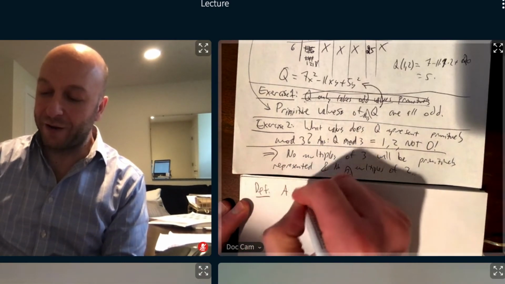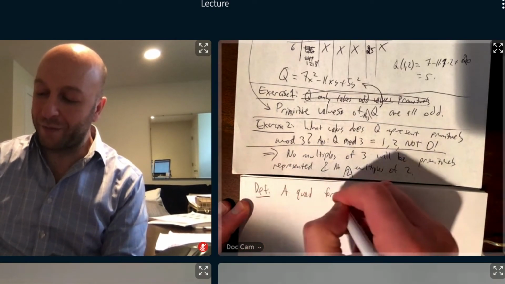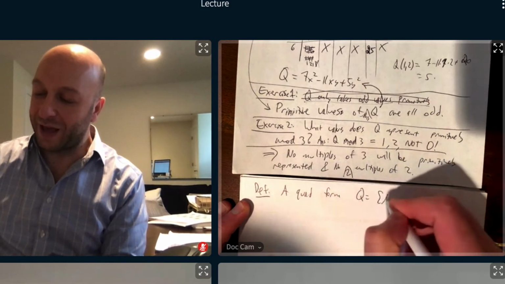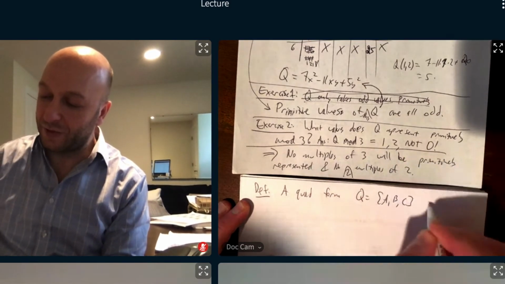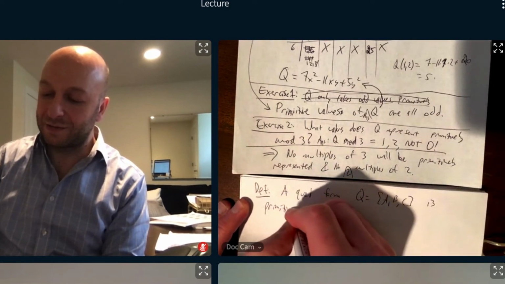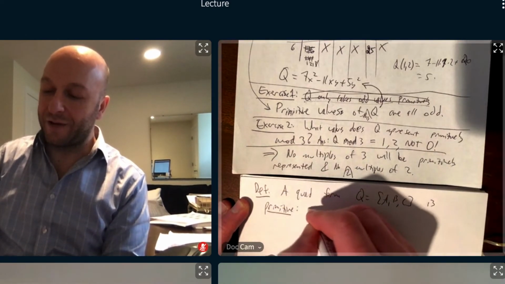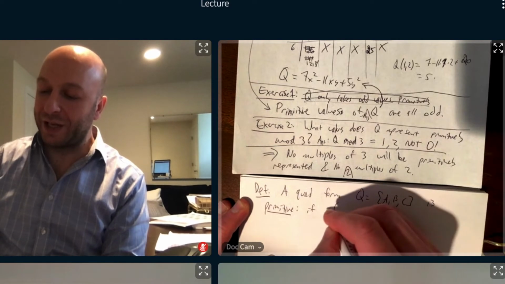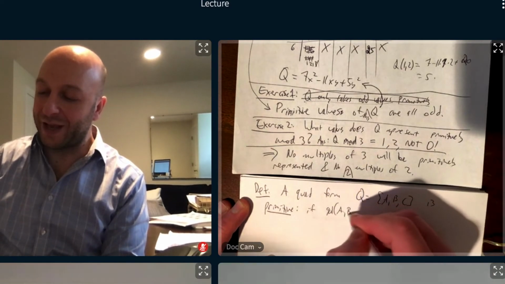A quadratic form Q given by A, B, C is primitive if the GCD of A, B, and C is 1.